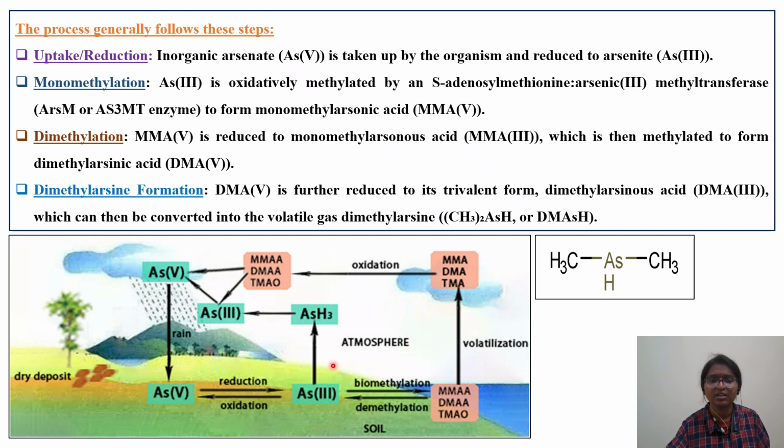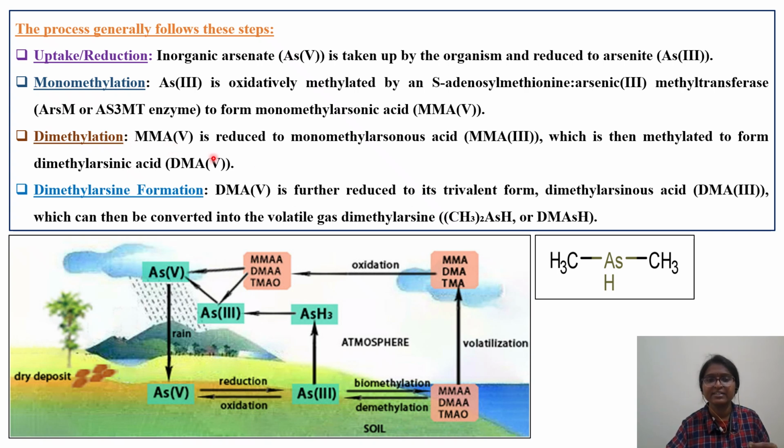So here you can see the diagrams in pictorial form. You can see how the fifth oxidation state is converted to the third state by the action of MMA, TMA, DMA, AsH3, and arsine gas is formed. It is very difficult to remember all these oxidation states; just get yourself introduced to this concept.